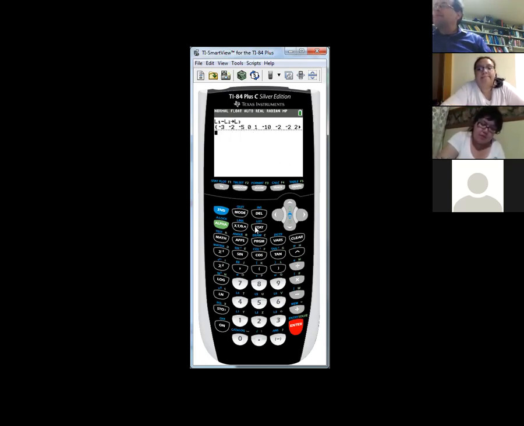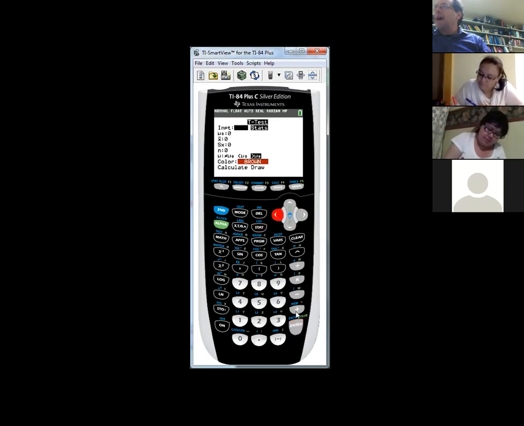Then we go ahead and we go to stat, tests. And this may look weird, but this is just one sample now because it's a sample of differences. So we'll do a t-test. We have data. Mu 0 is 0. Our list is not L1, it's L3. Freq is 1.